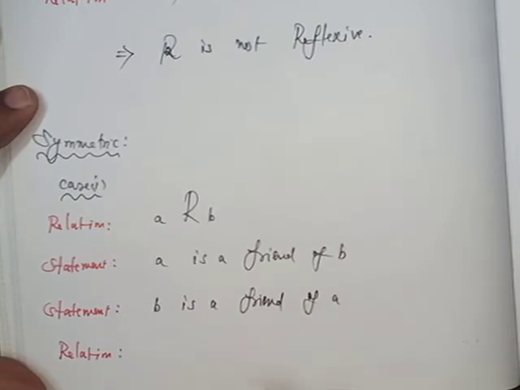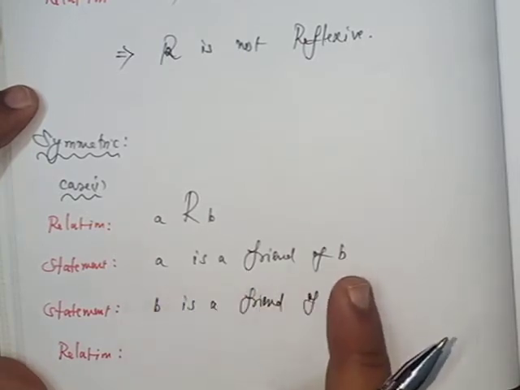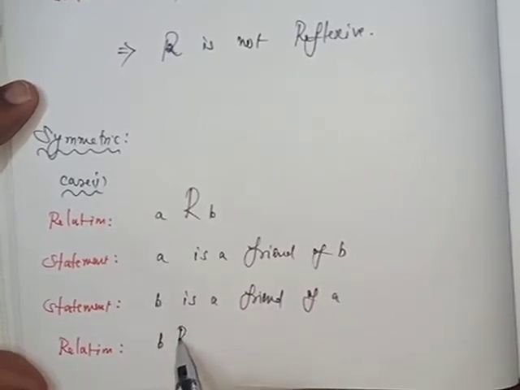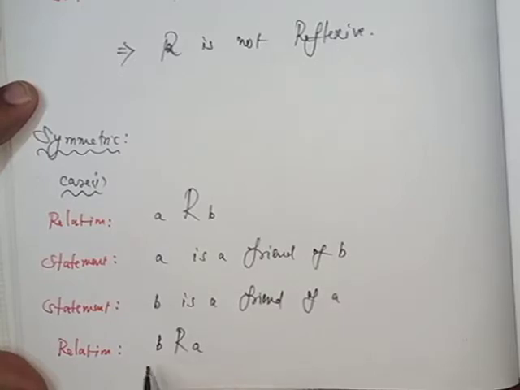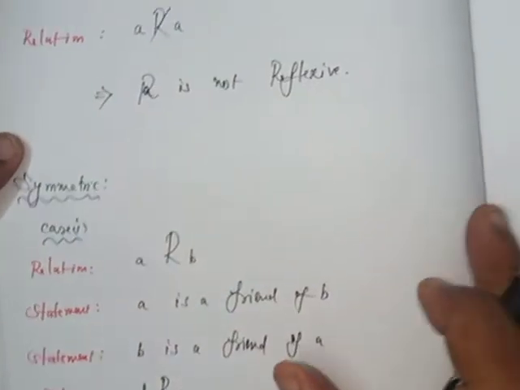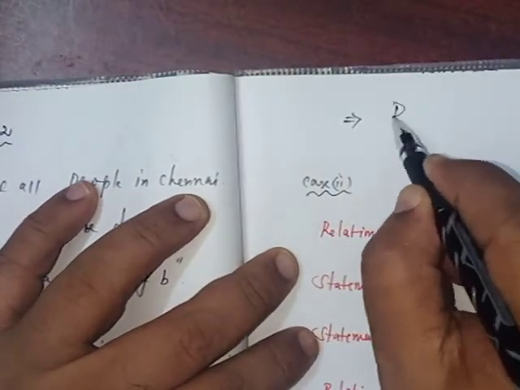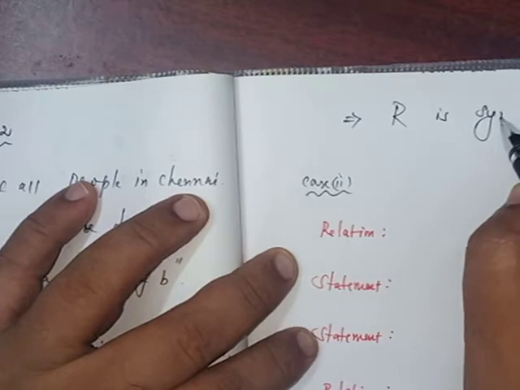In this case, I consider if A is a friend of B, B is a friend of A. Since B is a friend of A, you can write B is related to A. Therefore, R is symmetric in this case.